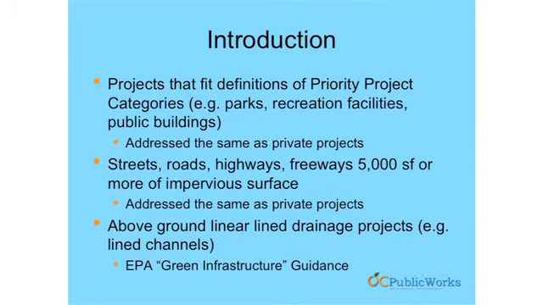You don't need to go through maybe as many reviews. The approval processes may be different. Ultimately, at the end of the day, the WQMP needs to demonstrate that it meets the criteria, and it needs to match what's shown on the site plans. And I think that's the most important thing.